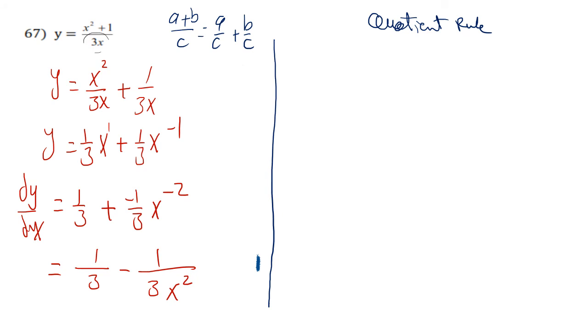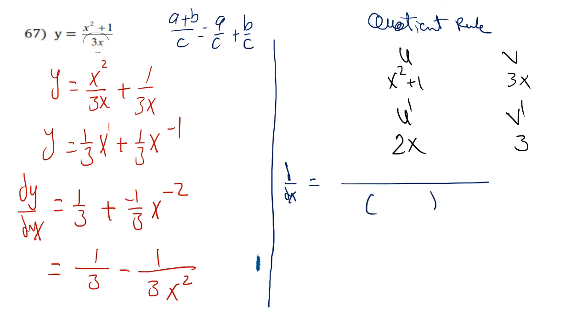Using the quotient rule, I'm going to suppose that u is x squared plus 1 and v is 3x. So u prime here is 2x, v prime is 3. And we know that dy by dx is equal to the square of the denominator, so it's (3x) squared, and 2x multiplied by 3x minus 3 multiplied by (x squared plus 1).